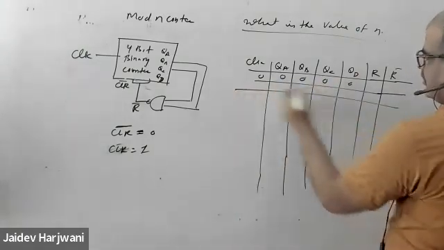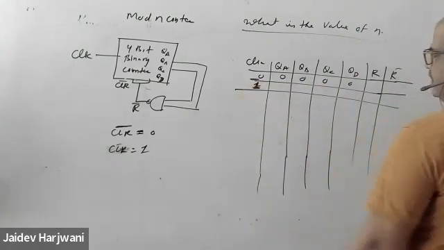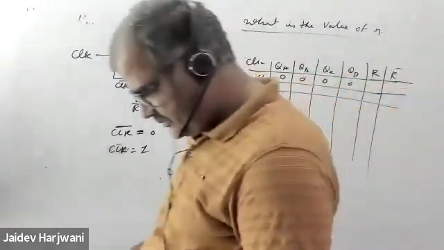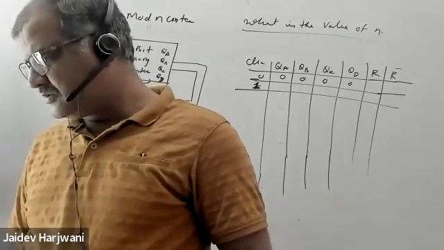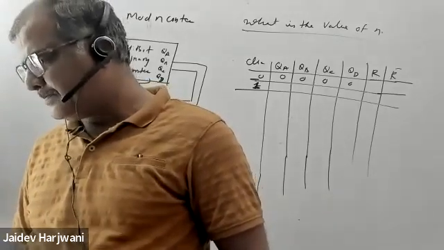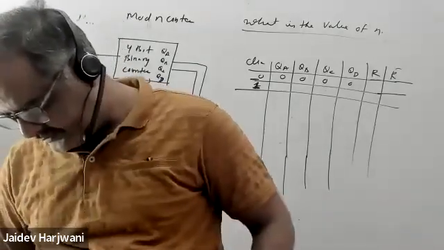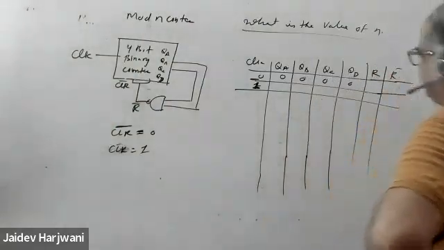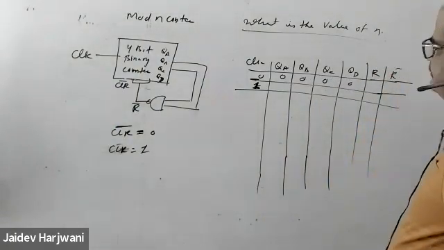The initial state is 0 0 0 0. Now clock 1 is coming. So tell me how to do this one. You have 0 0 0 0 initially. Sir, the output at this gate is R bar.